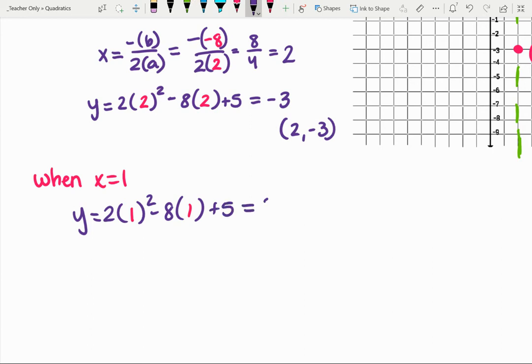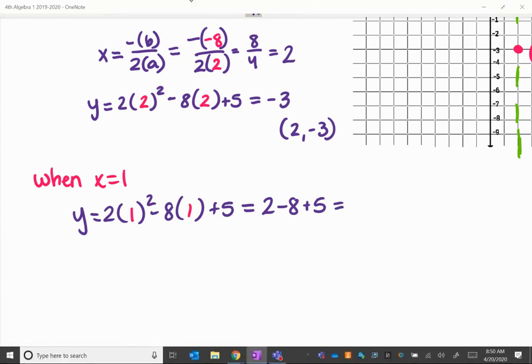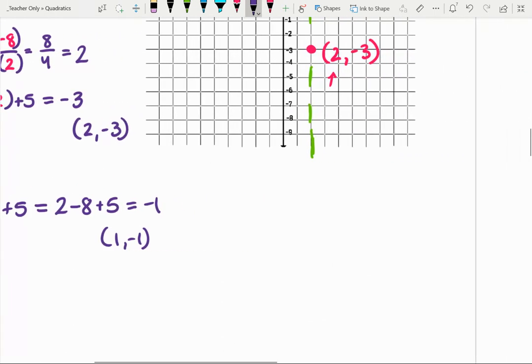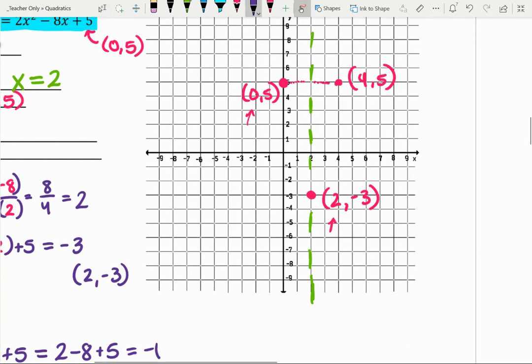Again, evaluating that however I want to, I will get -1. So I get an additional point, 1, -1, that I can plot. And its partner on the other side of the axis of symmetry is 3, -1.